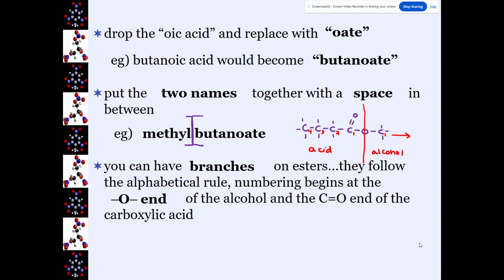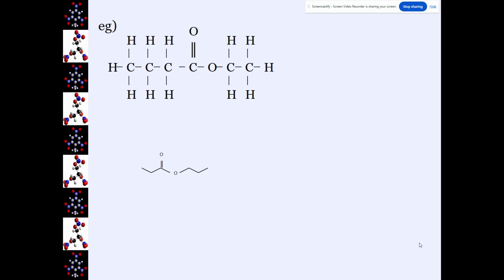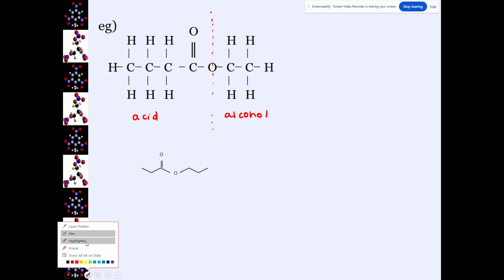Okay, so here's another example. Again, I like to say, okay, this is my acid side, sorry, and this is my alcohol side. You don't have to do that, but it just helps me with naming. I am finding the longest continuous chain on my alcohol side and on my acid side, okay?